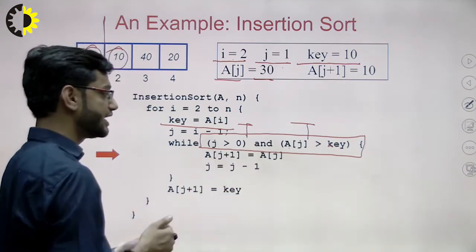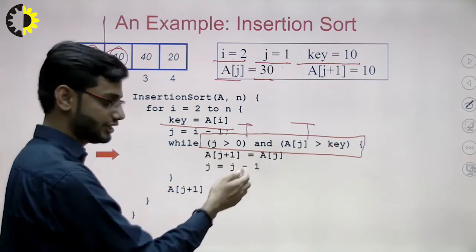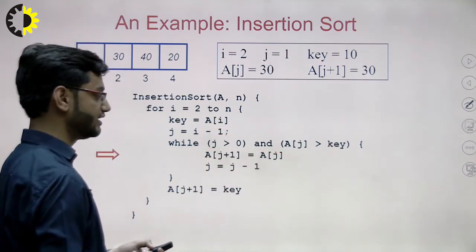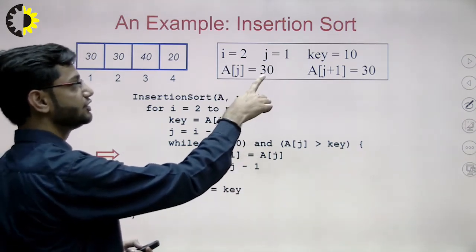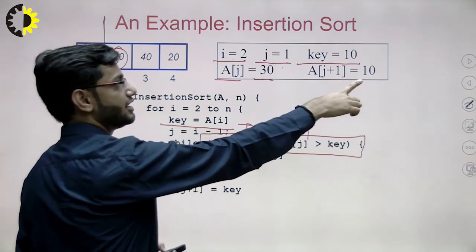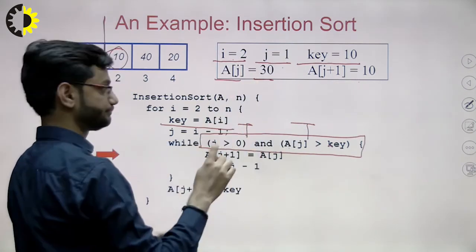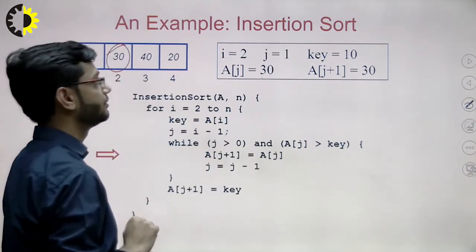What does the while loop say? A of J plus 1 will be replaced by A of J. So I have A of J as 30. So A of J plus 1, before it was 10, now it will become 30.